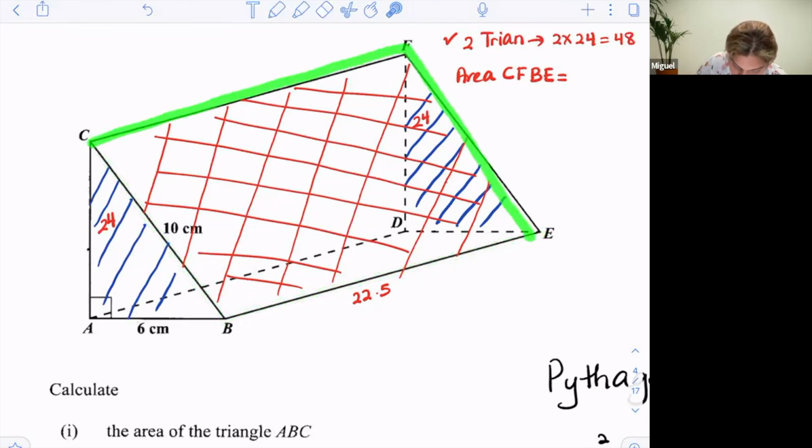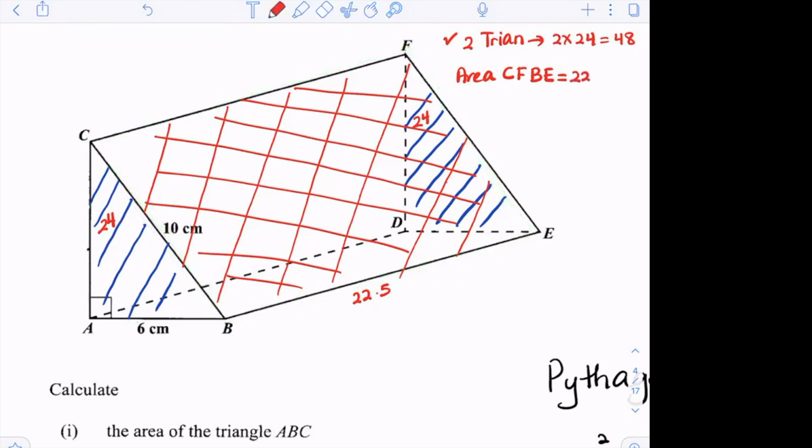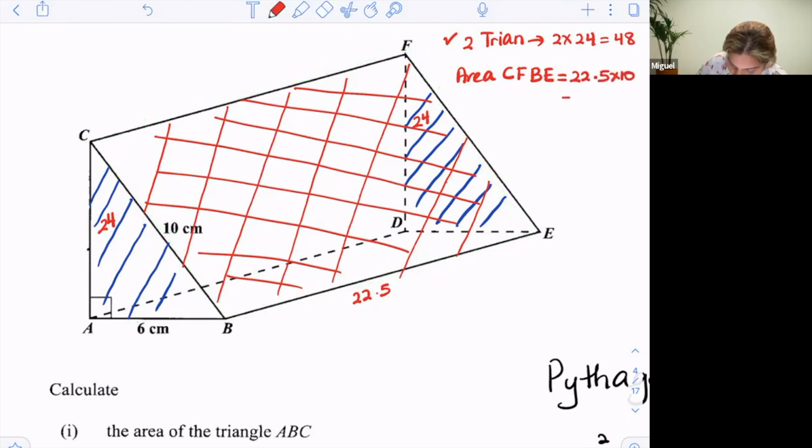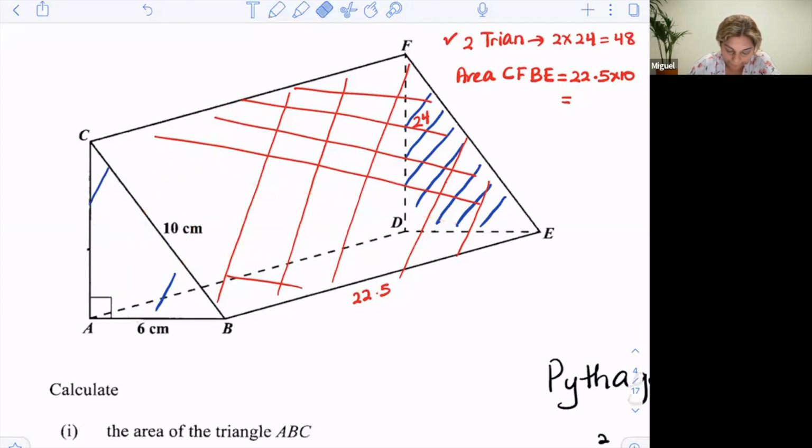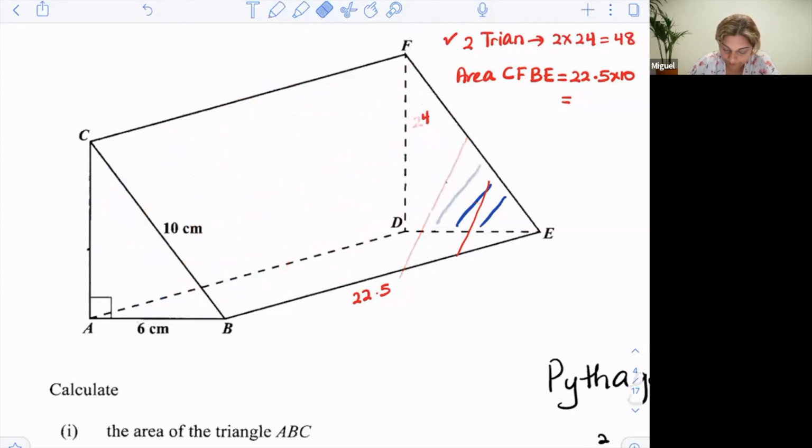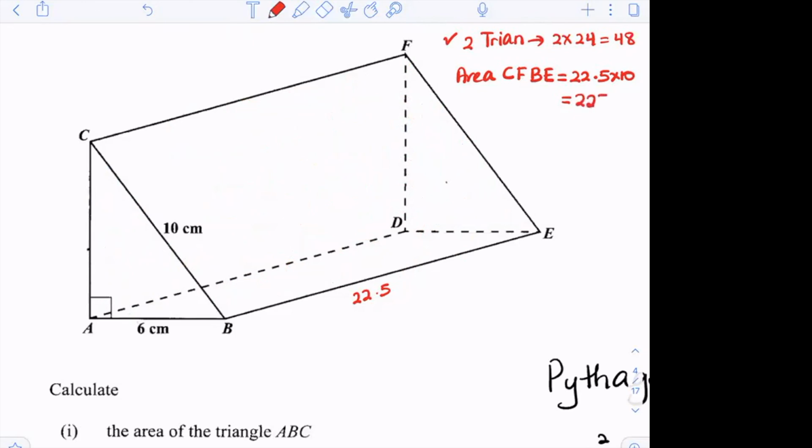Look, you see in the face? Yes, miss. Right. So it is 22.5 by 10. Work it out. 22.5 by 10 is how much? 225.